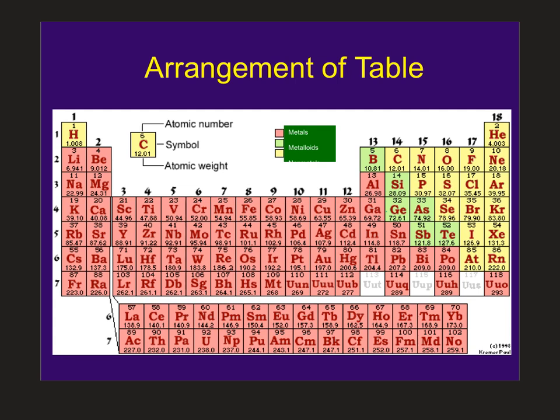As you saw also in your periodic table scavenger hunt, our first group is called the alkali metals. And then group 2 is called the alkaline earth metals.